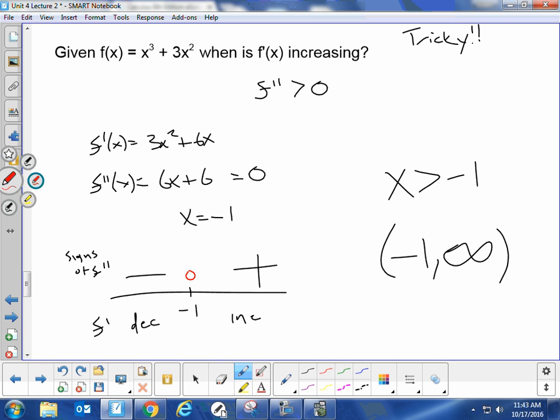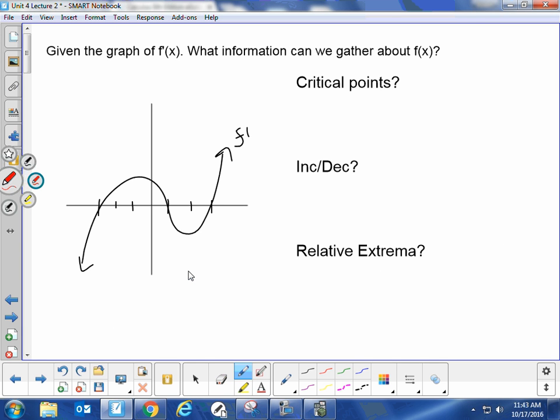Sometimes, and lots of times in this class, you will only be given a graph. But the graph is of f prime, and the questions will be about a function that we don't know, f. We have no information about it, but we have its derivative's graph. Okay?